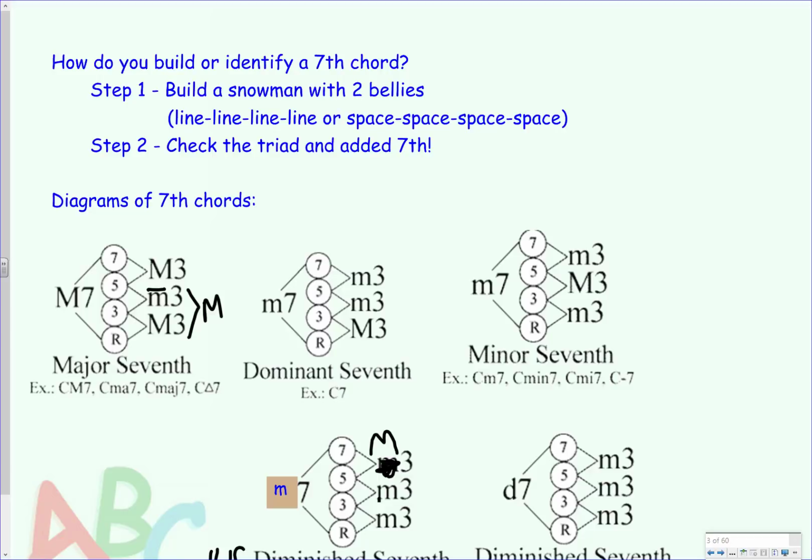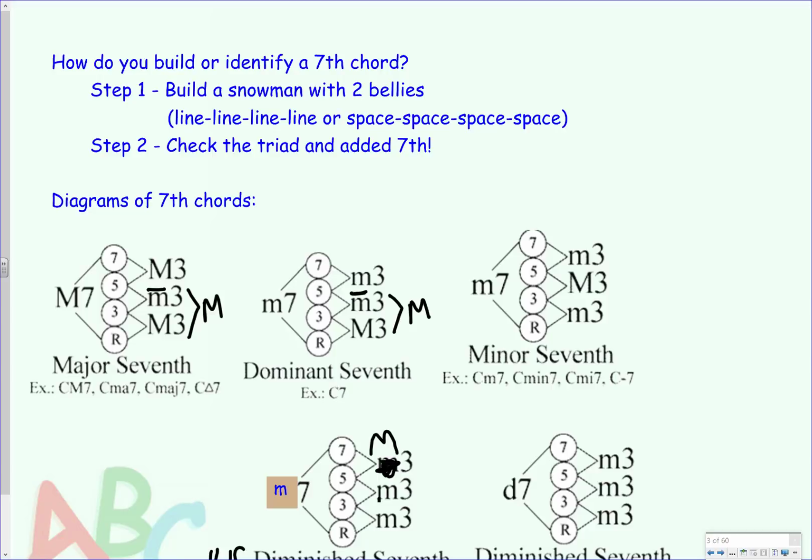The next one up is the dominant 7th, very important 7th chord, which we'll come to realize. So in the dominant 7th, we have from root to 3rd, a major 3rd, from 3rd to 5th, a minor 3rd. So that's also going to be a major triad. But here's the difference.